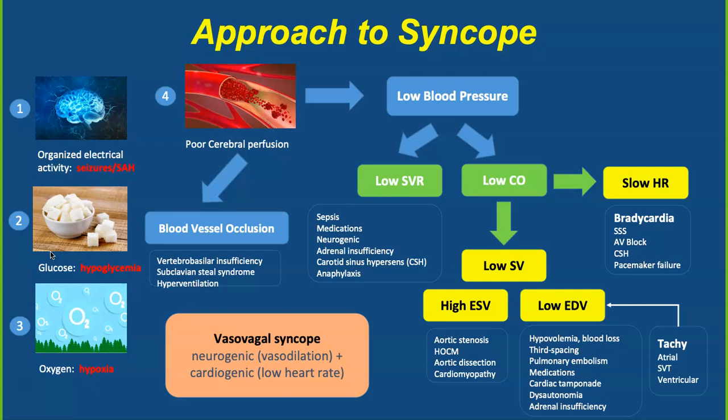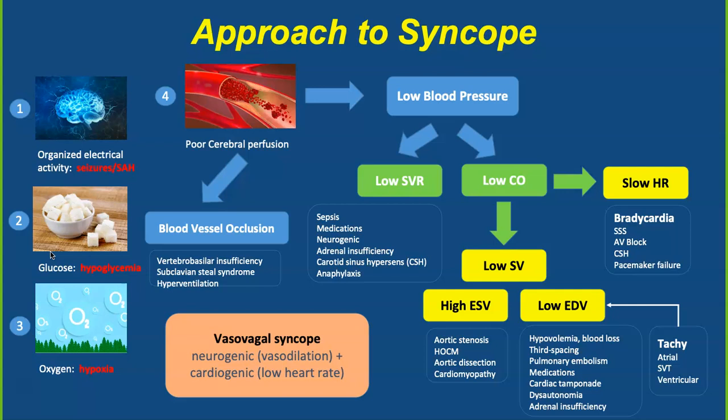So it may look like a complicated framework, but if you really think about the four primary mechanisms for causing syncope and use your understanding of cardiovascular physiology, I think you should be able to figure out why patients develop a syncopal event, or at least develop a hypothesis as to the most likely cause.